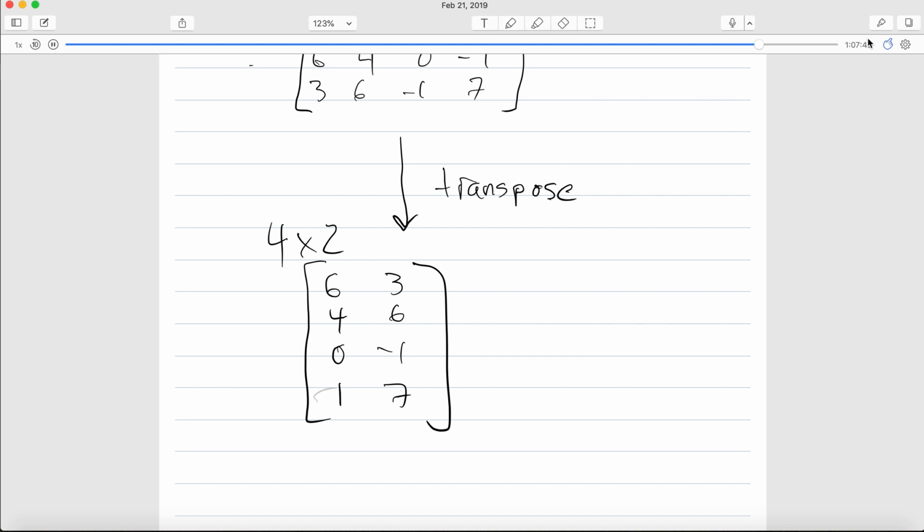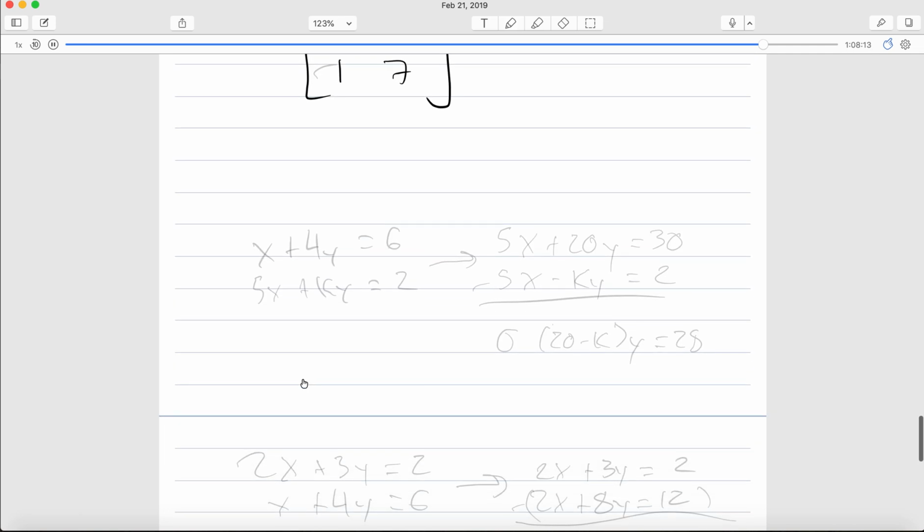Negative 1, 7. Oh, did I get it wrong? What's wrong? 6, 4, 1, 7, 0, 4, 0, negative 1. This needs to be a negative 1. This one, yeah, I messed that up too, actually.